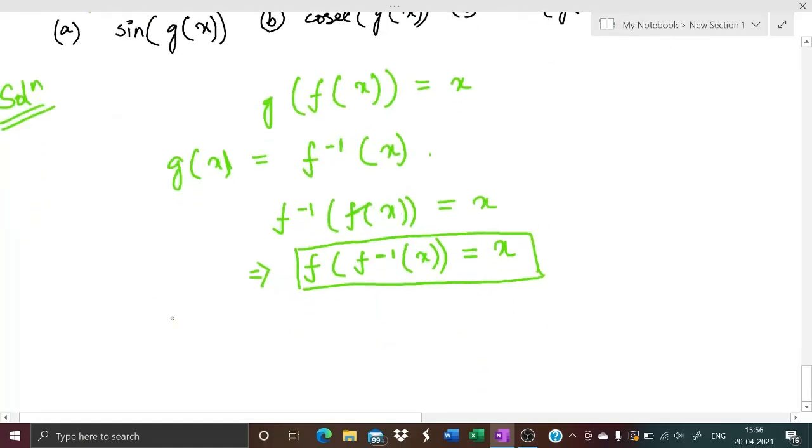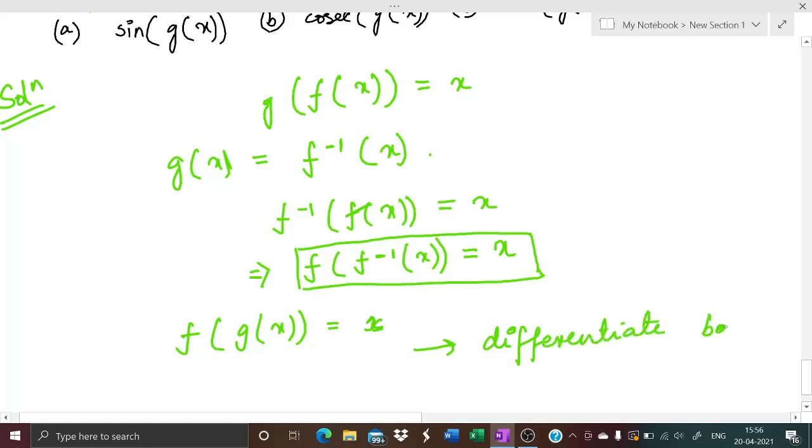So f of g of x equals to x. Now I will differentiate both sides with respect to x.